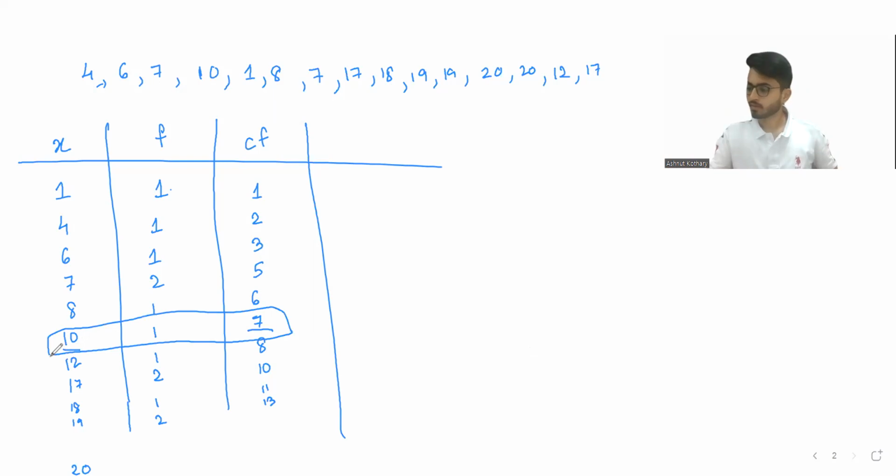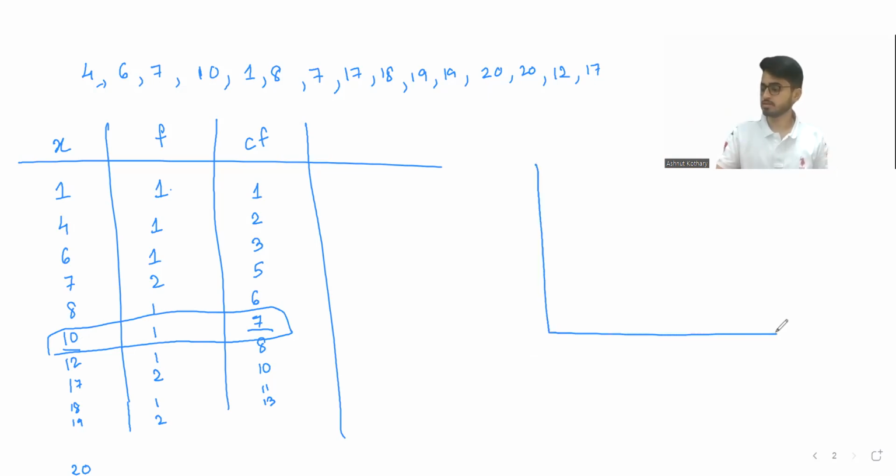Okay. Next, moving forward to a bar chart. A bar chart should be very easy for you all. The usual way to draw a bar chart is that on the x-axis you have the different values which x can take, and on the y-axis you have the frequency.